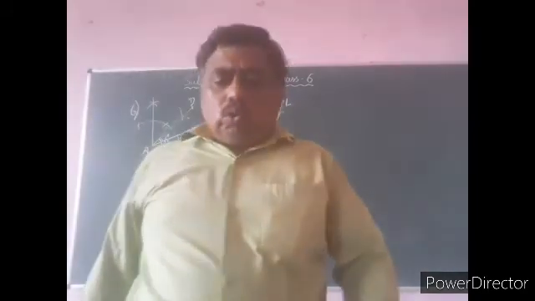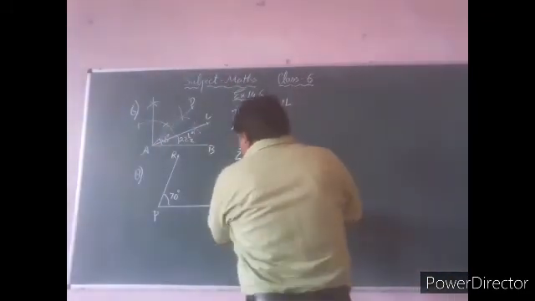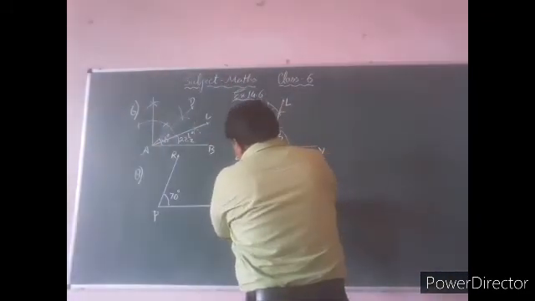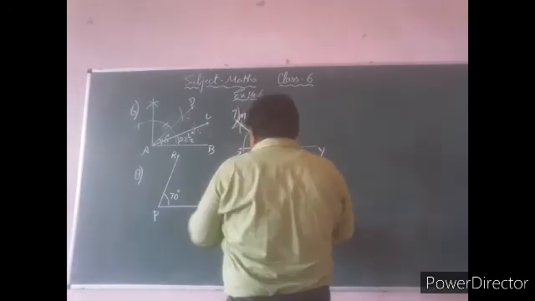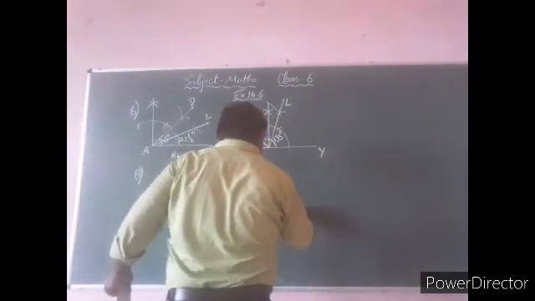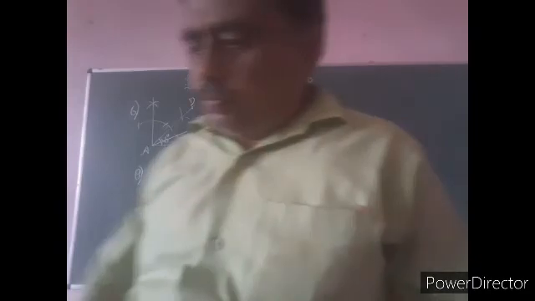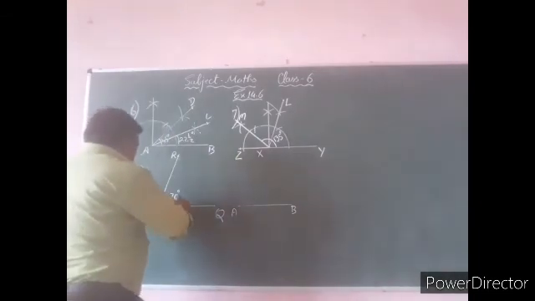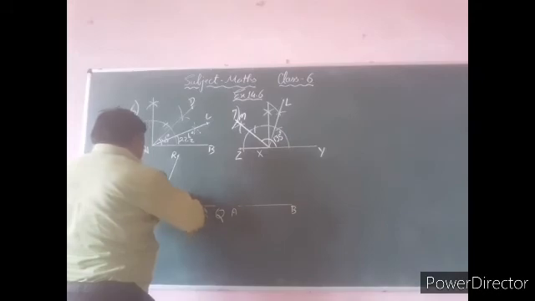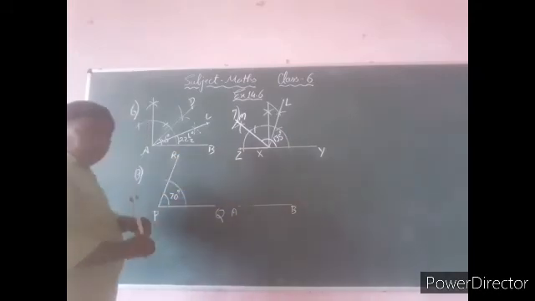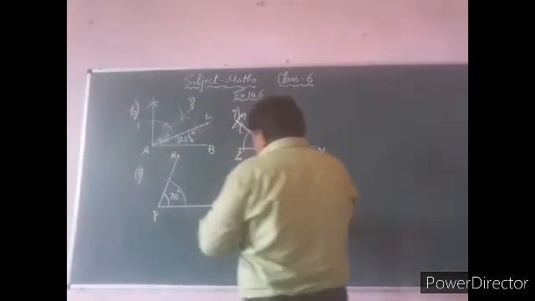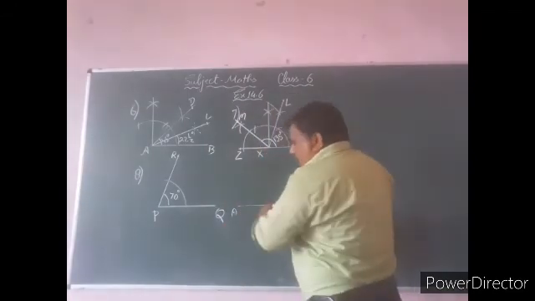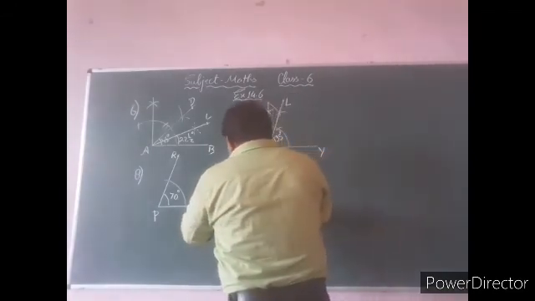Now we have to copy it. Make another line AB. Mark an arc of any radius here, and of the same radius, taking A as the center, draw an arc.